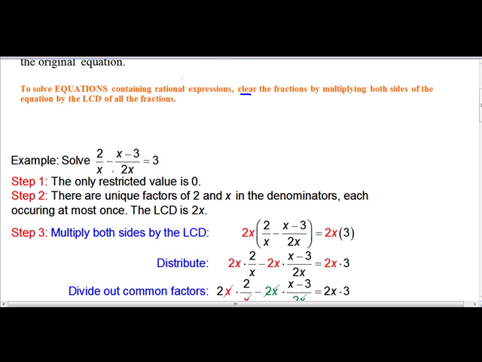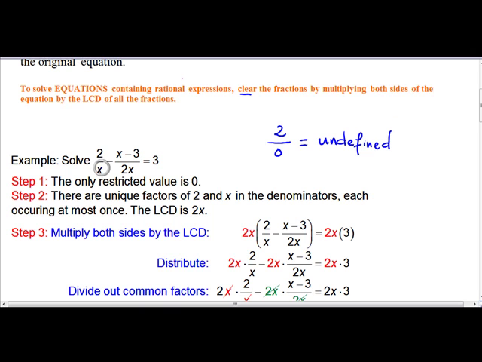So the restricted value is 0, because x cannot equal 0. If x equals 0, I have 2 over 0, which is undefined. So x cannot equal 0 in this case.